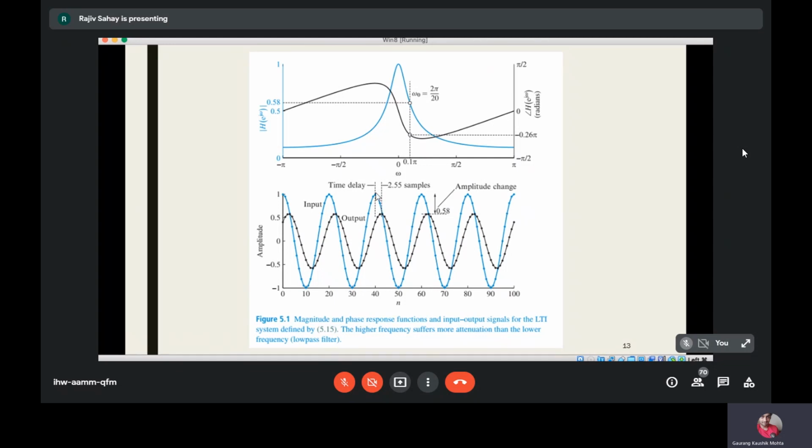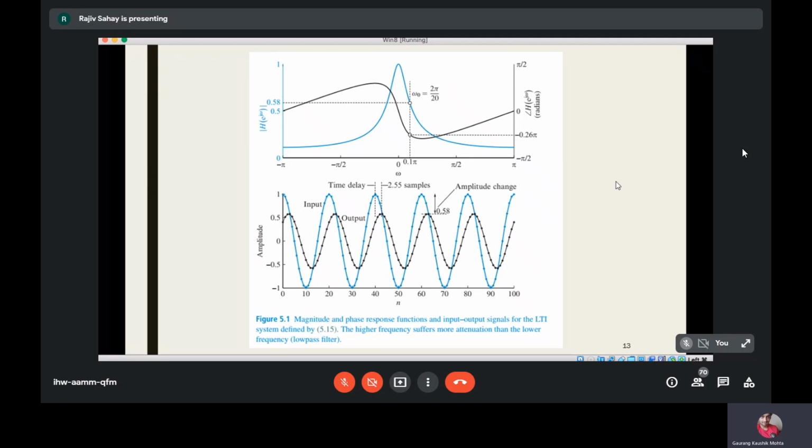Today we will understand what a distortion-free system is, and what causes distortion when a signal is passed through a filter. This is something like a filter magnitude response. Your filter can be a channel for communication systems. A channel can be a wireless channel, something like the atmosphere for radio waves.